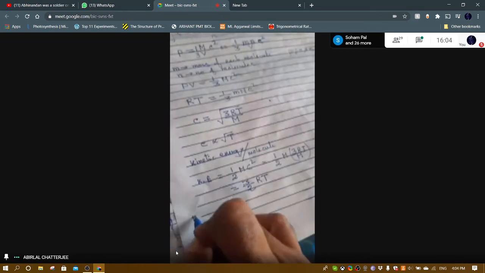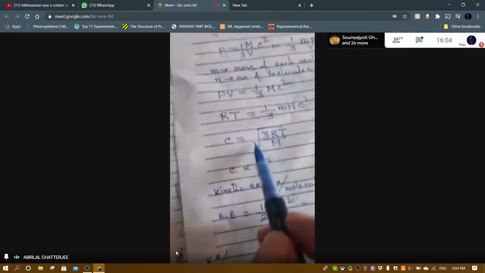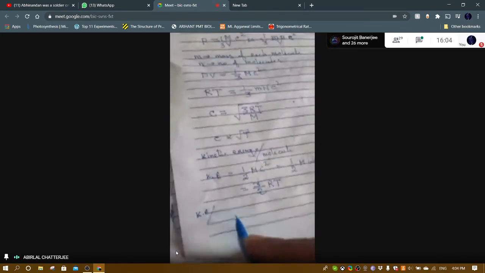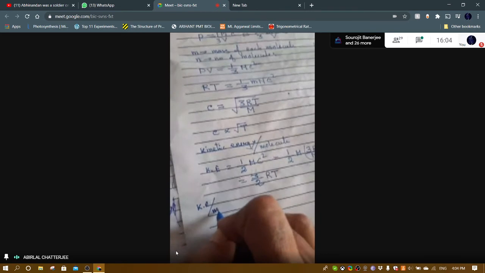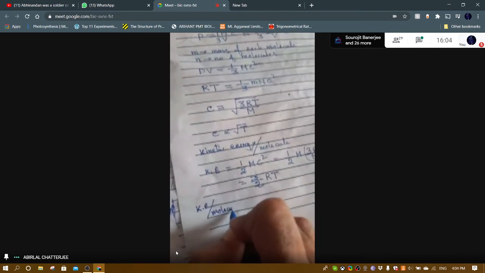Now you see per molecule. So K per molecule, 1 mole you have taken. So in 1 mole, how many number of molecules are there? Avogadro's number.